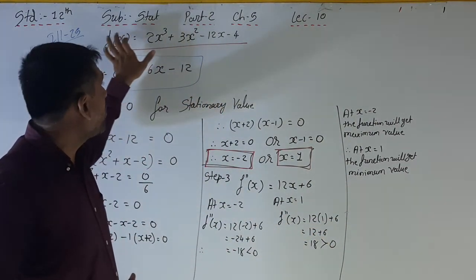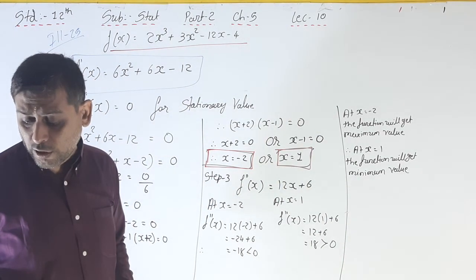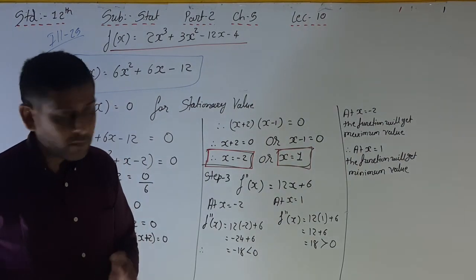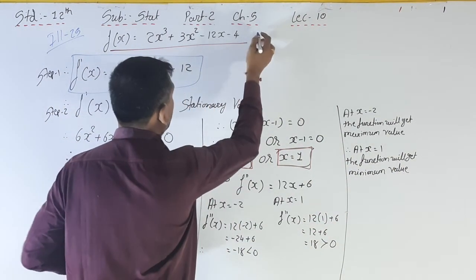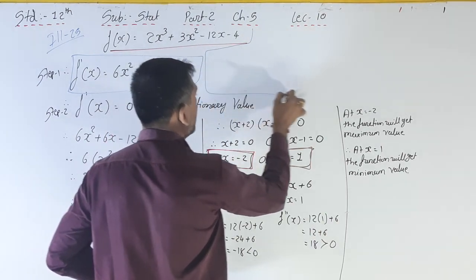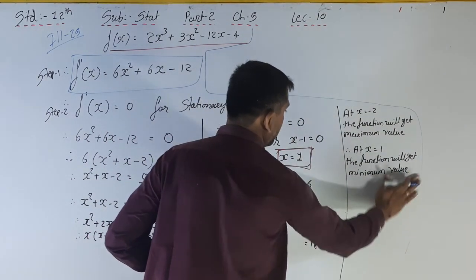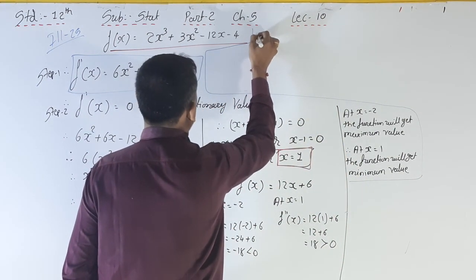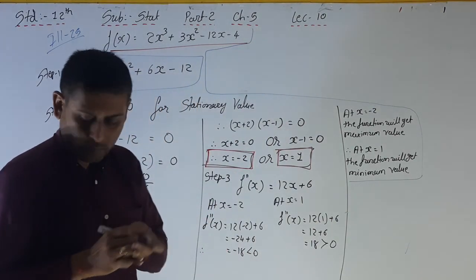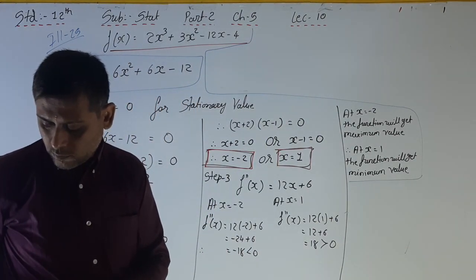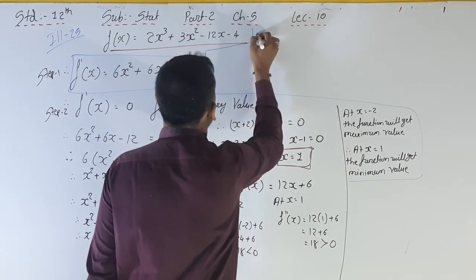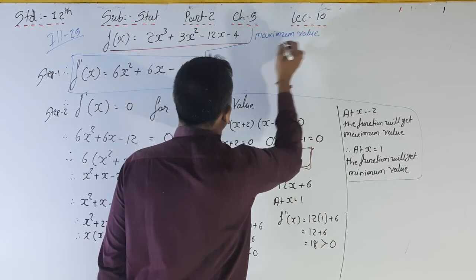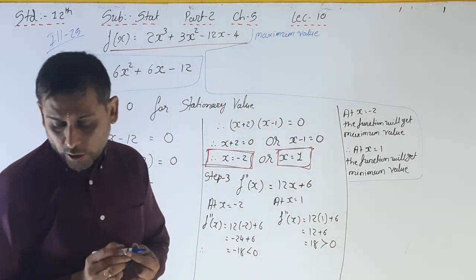Okay, so here complete this. Now we have to find out the maximum value and minimum value of the function. I am doing that here, please see that. After this we have to write here, because I have no space, I am writing here. Maximum value is equal to the maximum value of a function.